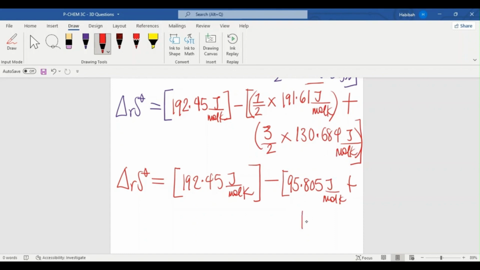That would be plus 196.026 joule per mole Kelvin. So that's basically how it's done.